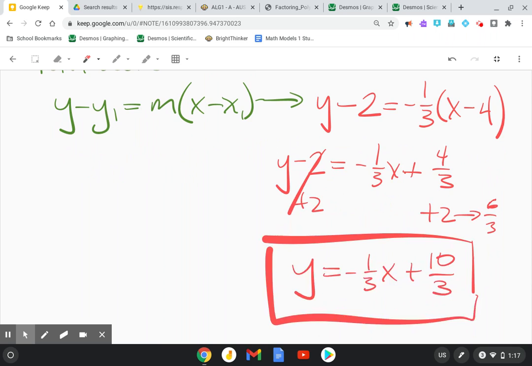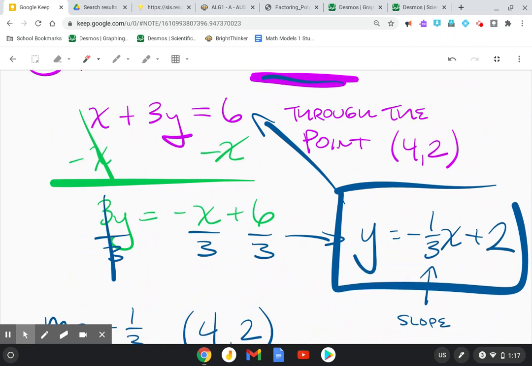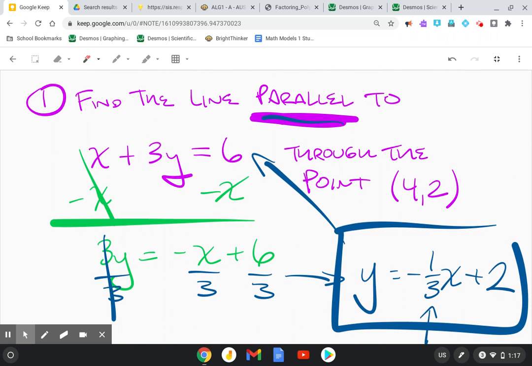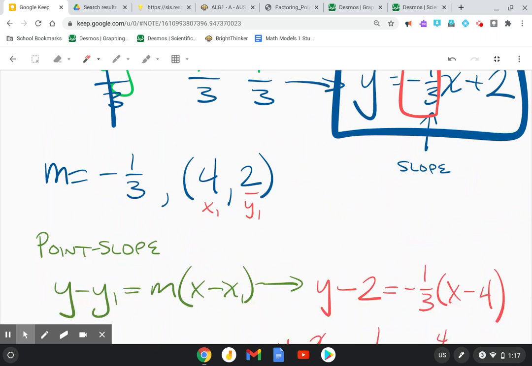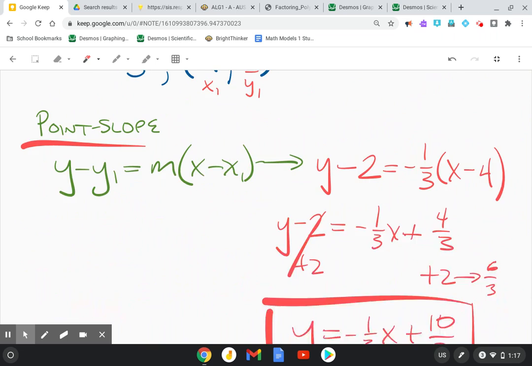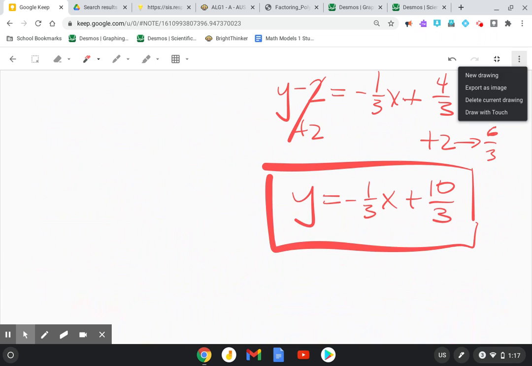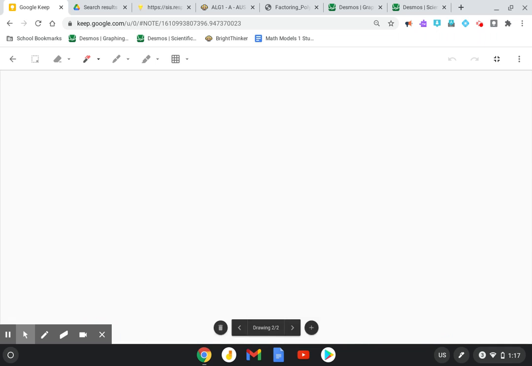So really what this is doing is taking the original equation, finding its slope. Once you find its slope, because it's parallel, you use that and the point given with the point slope form to find the equation. All right, let's try one where we have perpendicular.